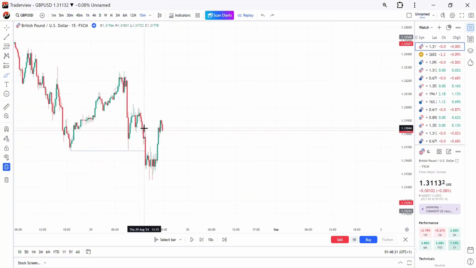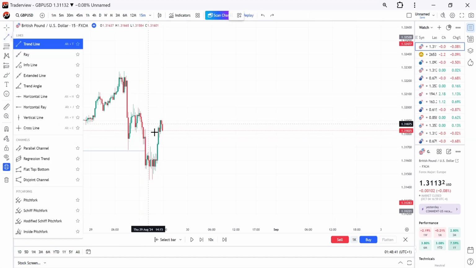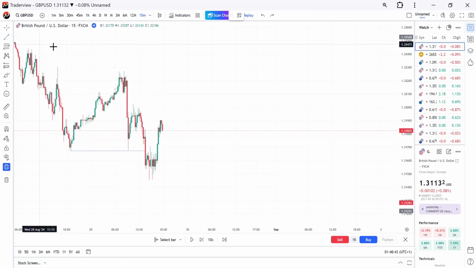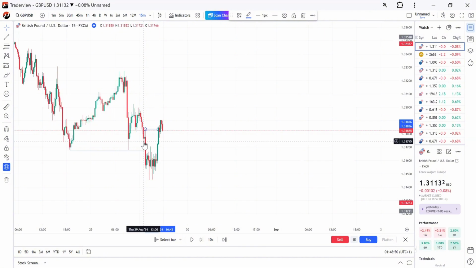So you can arguably say we have this as our liquidity spot, right? If you mark that as liquidity, let me mark it correctly. You can mark this spot, for example, as liquidity. Yes, because that is exactly what it is. It's another block and it's a fake order block.